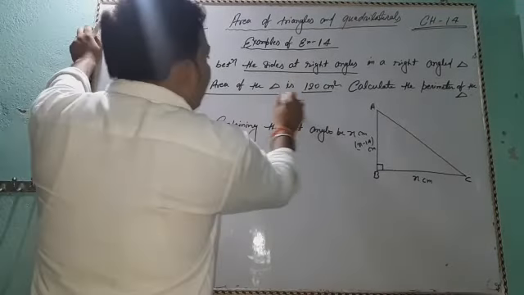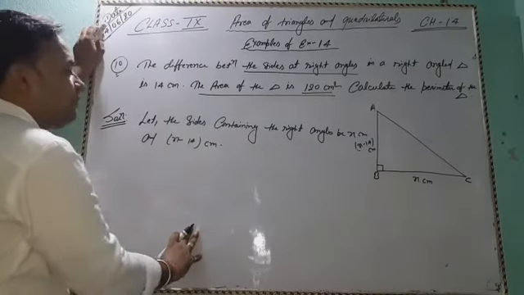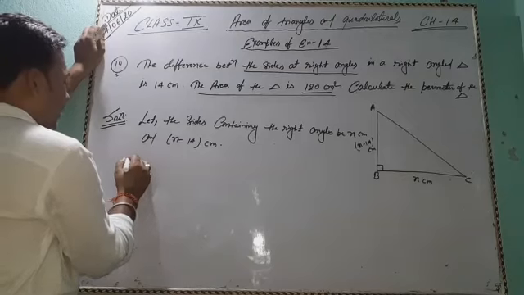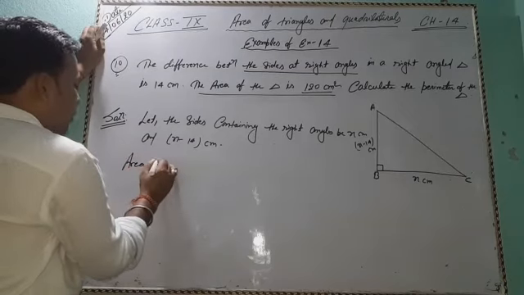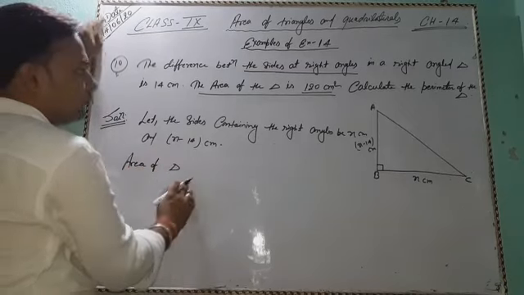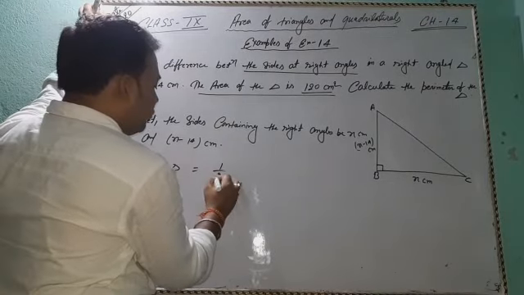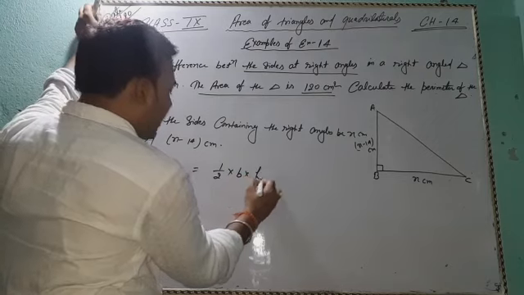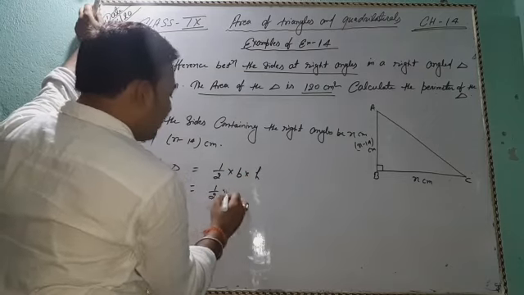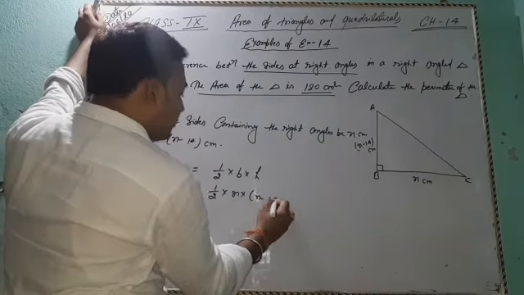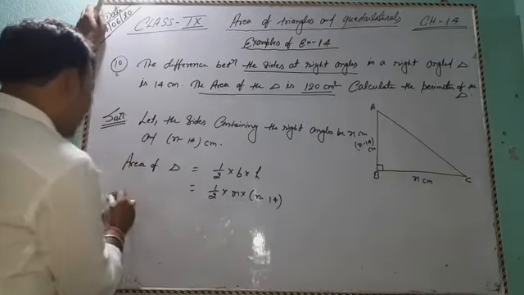And the area of the triangle is 120 square centimeter. So area of triangle equal to 1 by 2 multiply base multiply height. So 1 by 2 multiply base equal to x and height equal to x minus 14.